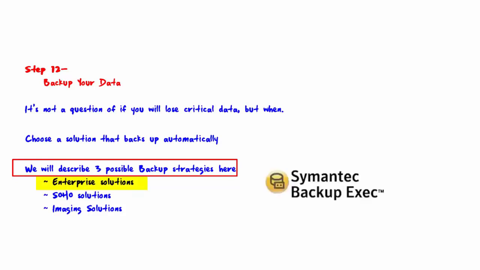An example would be Backup Exec by Symantec. Backup Exec has been around for over 10 years. With this strategy, there is a single console through which you can control which servers to back up, what data on each server to back up, and how often it should be backed up.